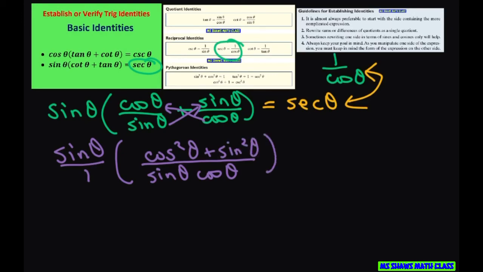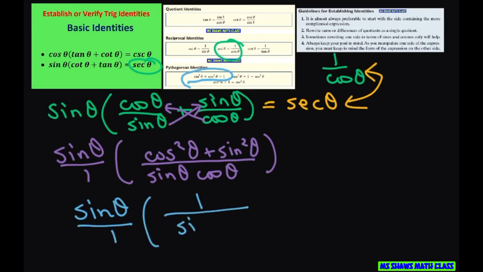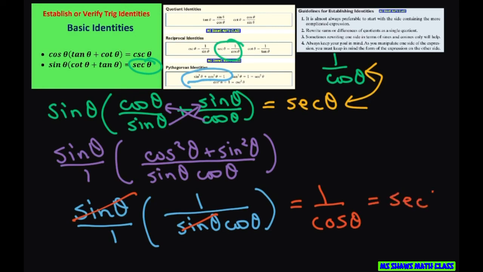Again, this equals 1. So I'm going to substitute. I have sine of theta divided by 1 times 1 divided by sine of theta times cosine of theta. I can cancel out my sines, and I have 1 divided by cosine of theta, which equals secant of theta.